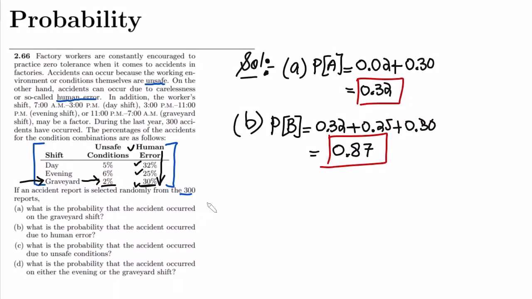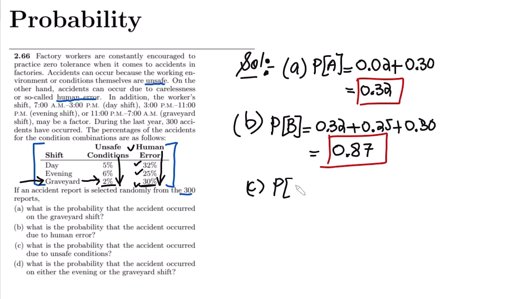Similarly, in part C, what is the probability that the accident occurred due to unsafe conditions? This is the column composed of all the percentages of the unsafe conditions which may occur in the day shift, evening shift, or graveyard shift. So I have to add them together.